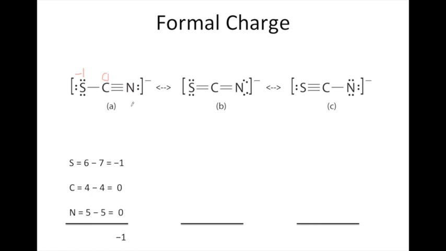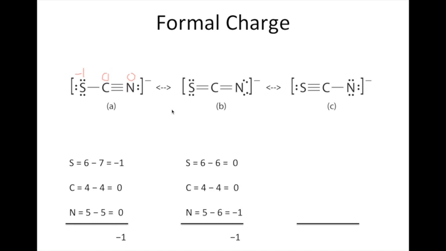The nitrogen has 5 valence, and it owns 1, 2, 3, 4, 5, so it has a 0 formal charge. Also notice that the formal charges add up to the charge in the overall molecule. So that's one way you can check your work. The formal charges should always add up to the charge on the molecule. And if the charge is 0, then of course they add up to 0.